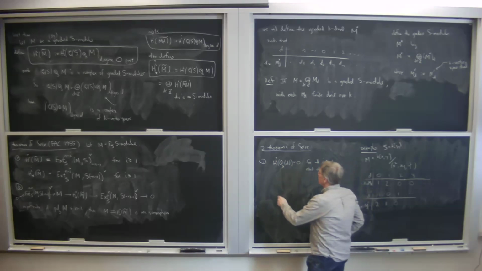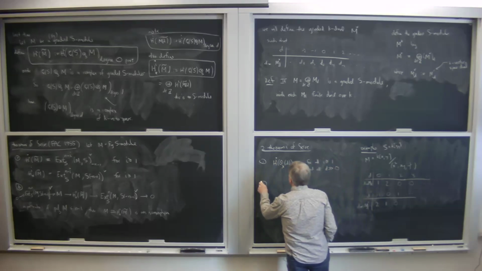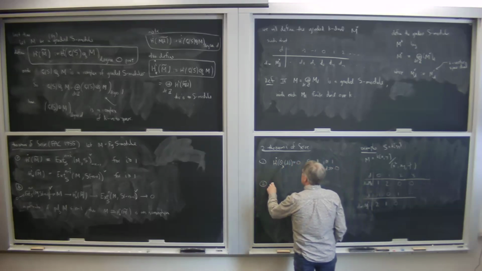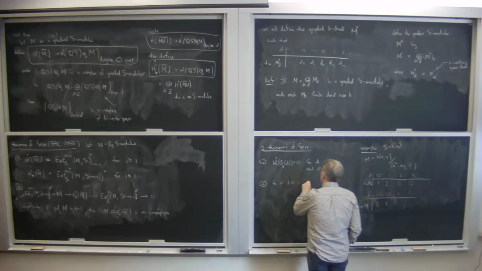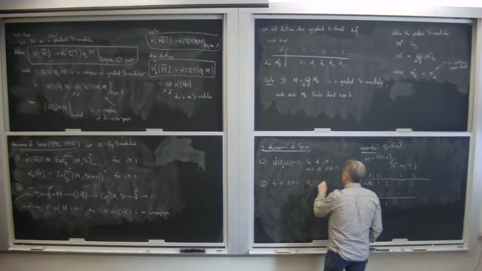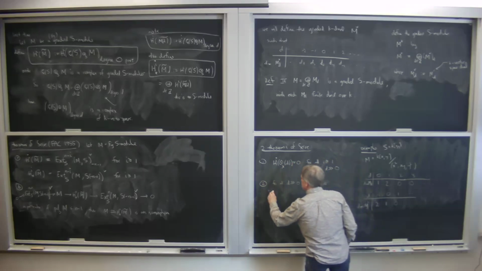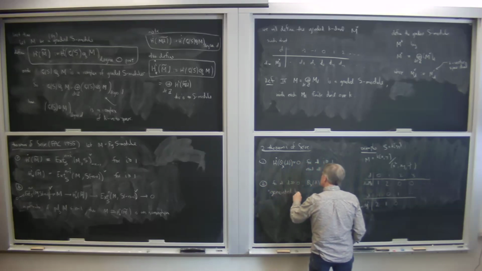Okay, and the second one is that for all D sufficiently large, O_X(D) is what's called, I'm just going to write it in quotes here and I'll say what it means, generated by global sections.